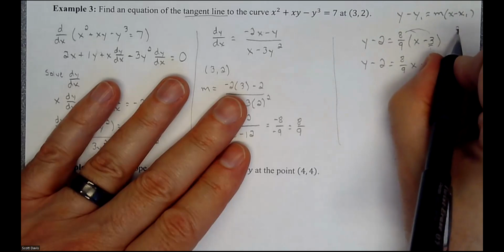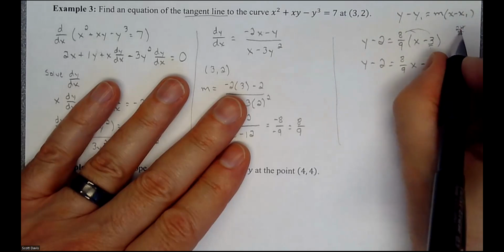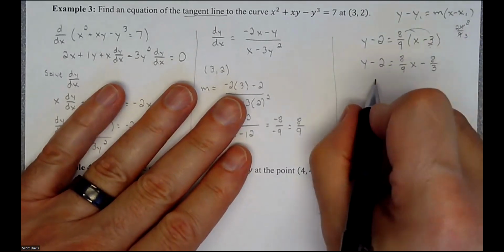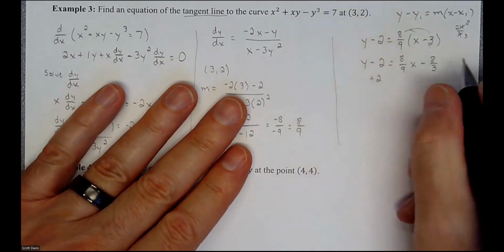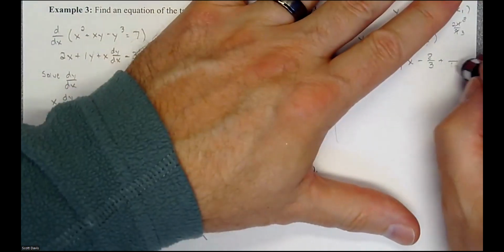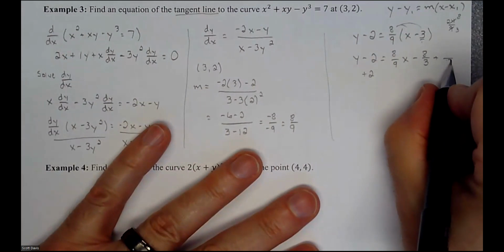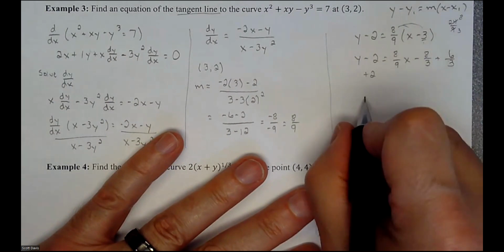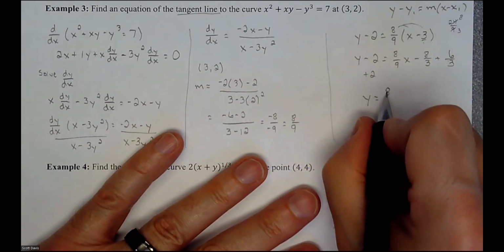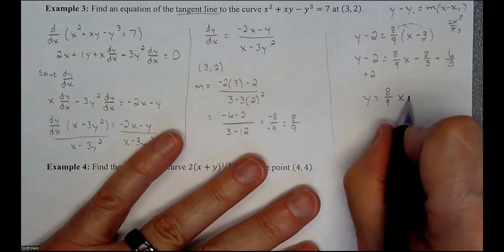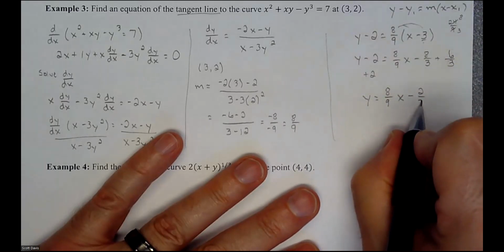If we weren't quite sure on that, it's 24/9 originally, and then I can take a 3 out of both, so 8 over 3. And I do have a negative on it. One last thing is we are going to be adding 2, so I need to make this over 3. So 6/3 is what we're going to be adding to negative 8/3. So our y equals 8/9 x, and negative 8/3 plus 6/3 is going to be negative 2/3.